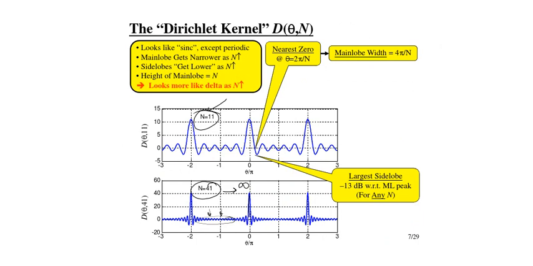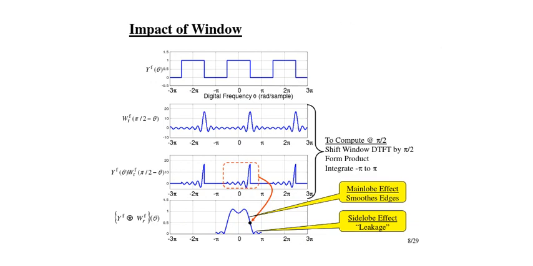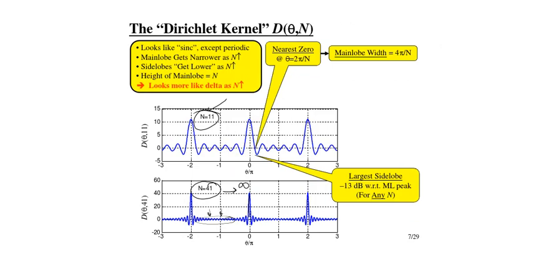So this is one way to avoid the side lobes and the main lobe smearing: you increase the number of samples. Another way is that you choose some kind of window function which can provide you better or less spectral leakage, right?